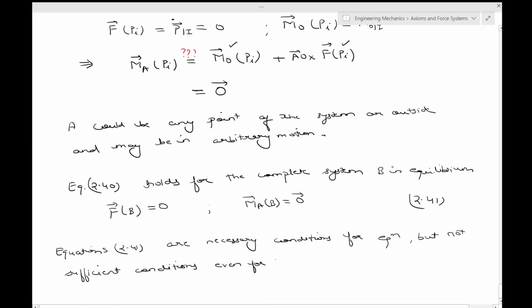Even for a single rigid body. I'll explain this now.